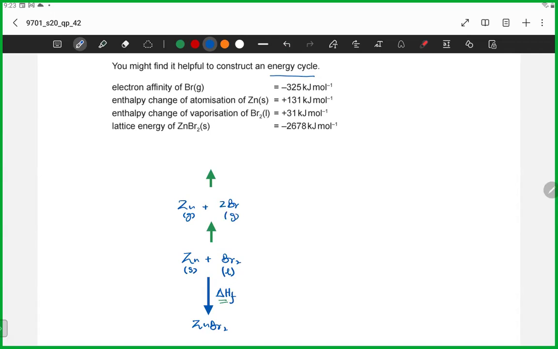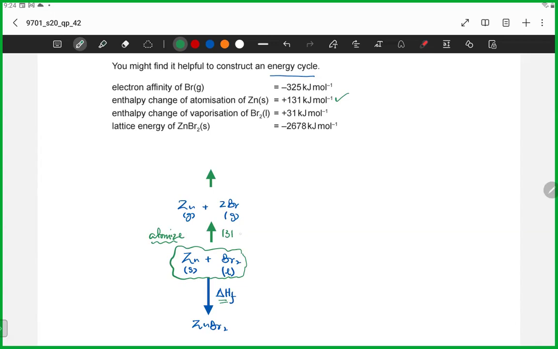How do you atomize this? What they've given you is slightly trickier. The first step is atomize, right? Turn the elements into atoms. So zinc atomization is given, that's 131. So this path is 131.